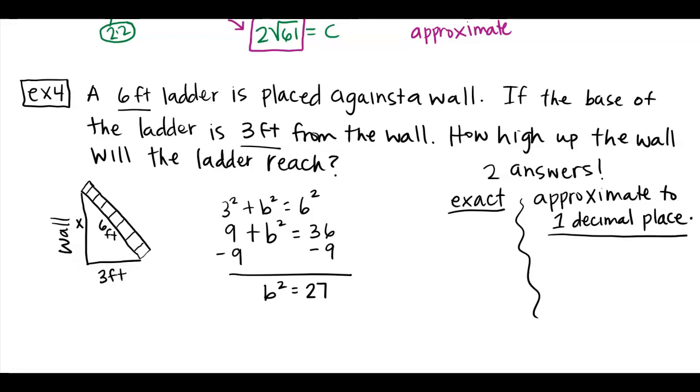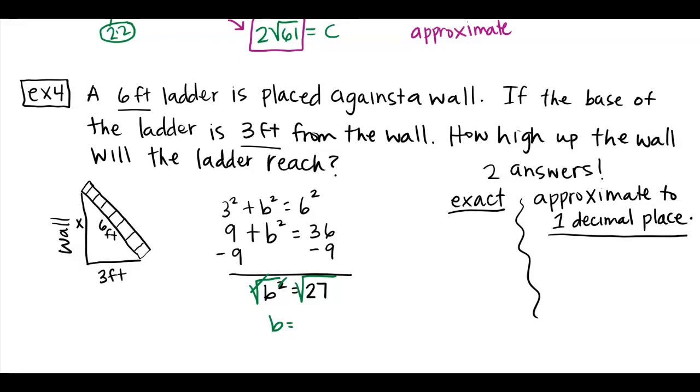Okay, and then what do we do from here? You do the square root of b squared and then the square root of 27. Awesome. Yeah, we're trying to undo that square, so we'll square root both sides. So we've got b equals.